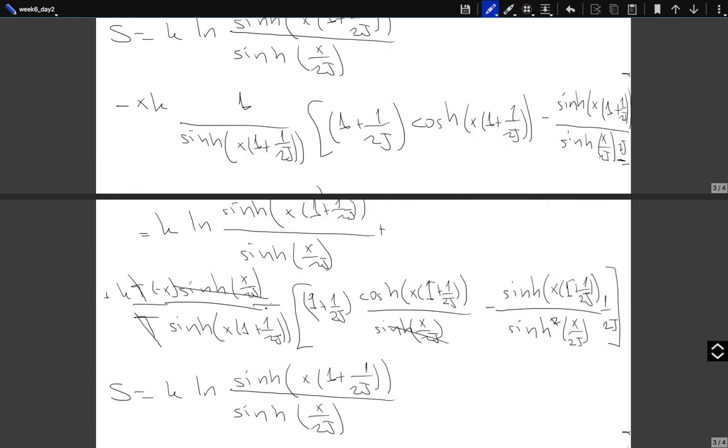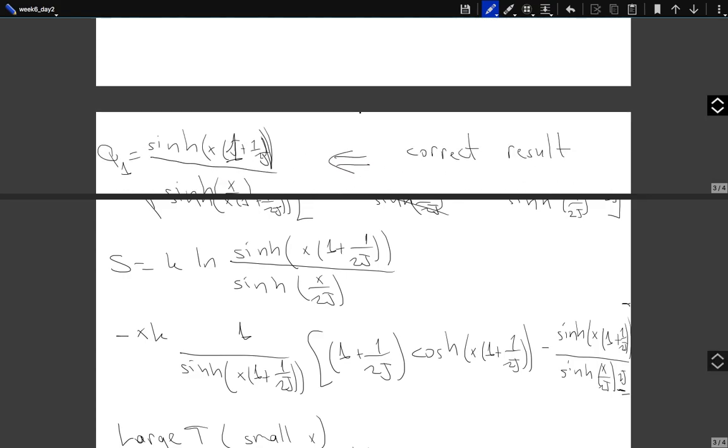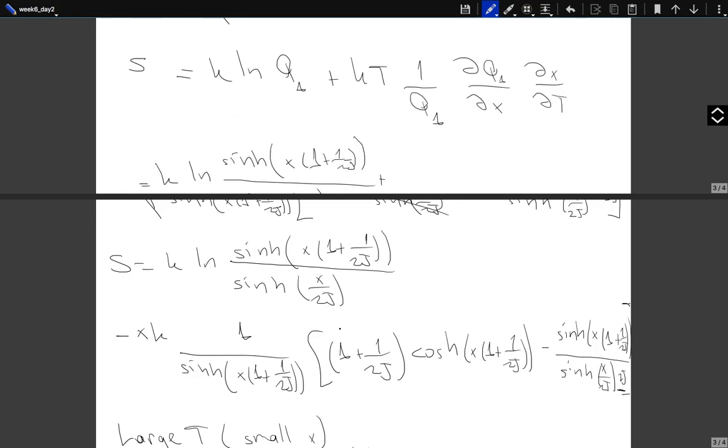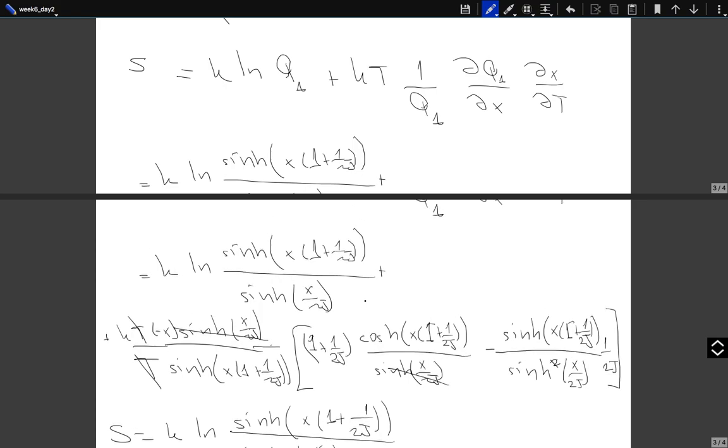So let's see if we took the derivatives correctly. K times logarithm of q1. q1 is this one, fine. Plus kT times 1 over q1. This is kT times 1 over q1, which is sinh(x/2j) divided by sinh x, times 1 plus 1 over 2j.